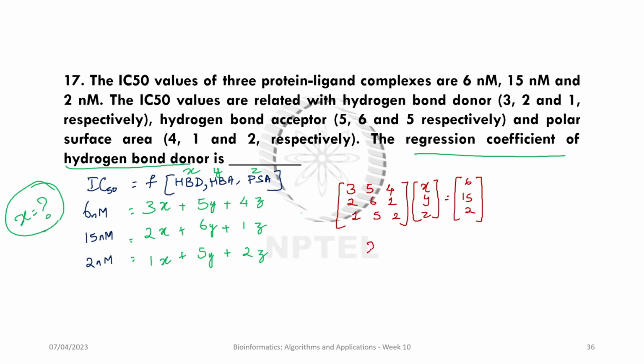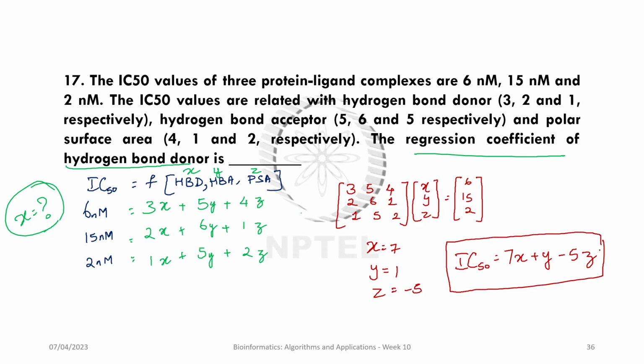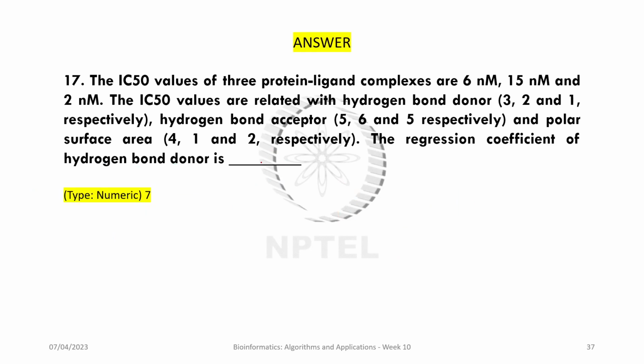So which gives us x is equal to 7, y is equal to 1, and z is equal to -5. So IC50 is given by 7x plus y minus 5z. And to answer the question here, the regression coefficient of hydrogen bond donor X is 7. Let's check the answer. That's right. 7.